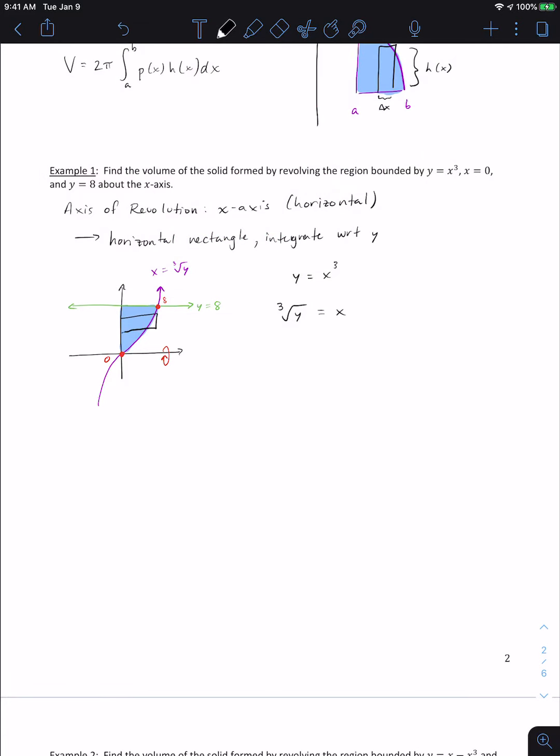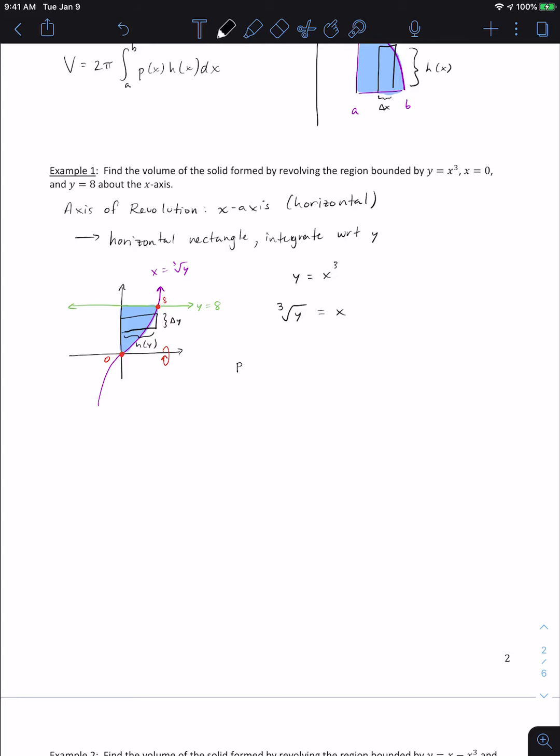And we're going to figure that out by looking at the rectangle. Right? So again, this is delta y because we're changing y. Now the h of y is going to be this right here. That's the height of the rectangle. Notice that if I had drawn my rectangle a little bit higher, a little bit lower, the height of that rectangle would change, given by whatever that purple function is. So the purple function gives us the height of that rectangle.